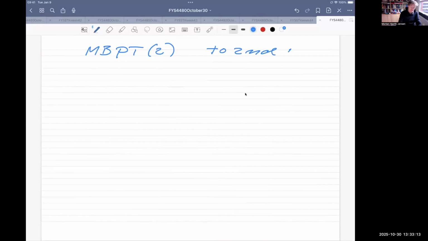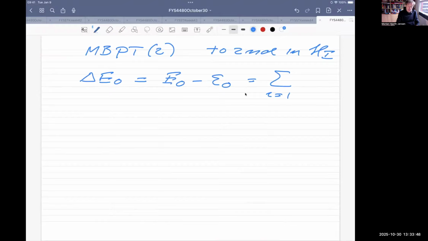So if I now look at my expression for the energy, I have actually delta E0, which is given by the exact energy, E0, minus the non-interacting energy. And this is now given by all these terms in perturbation theory. So the sum over i equal 1, and in principle to infinity, of delta E0 of i. And now we are simply going to approximate this one, and we will shuffle epsilon 0 over to the right-hand side.